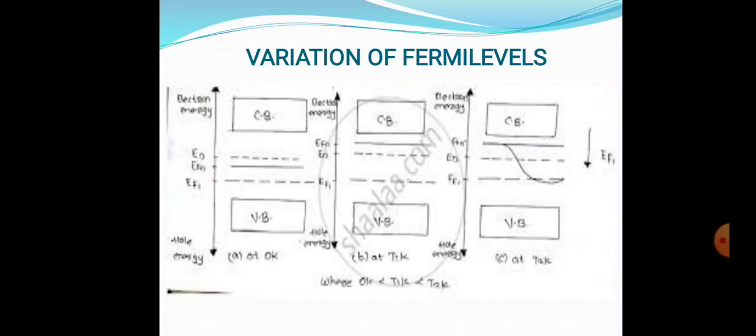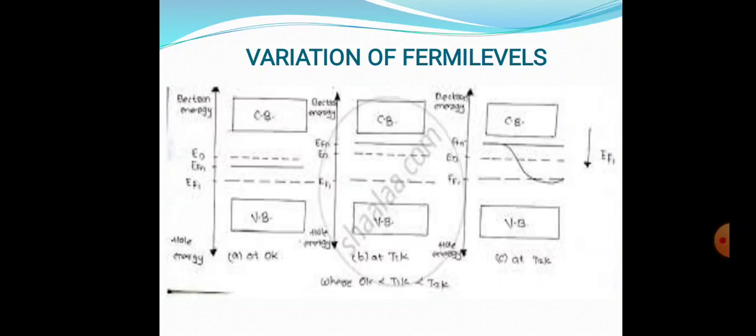As temperature increases, the Fermi level, which lies between the conduction band and the donor level, makes a transition to the intrinsic Fermi level. The downward transition might be stopped by adding a sufficient number of donor atoms.